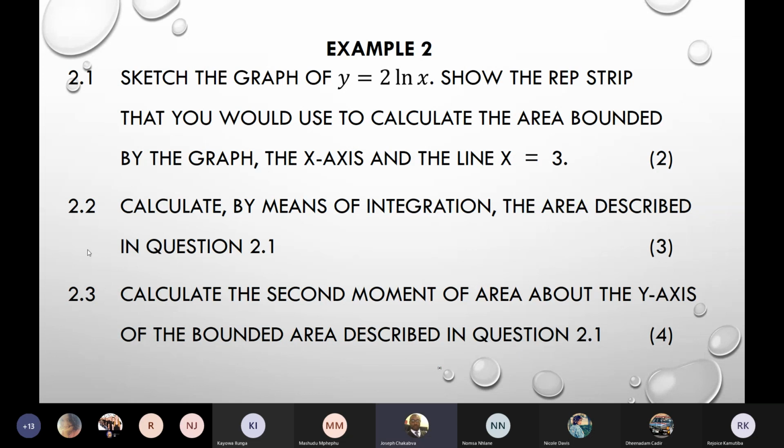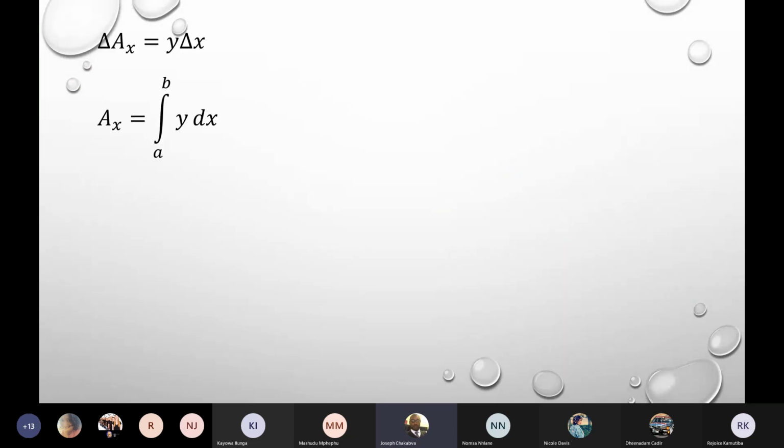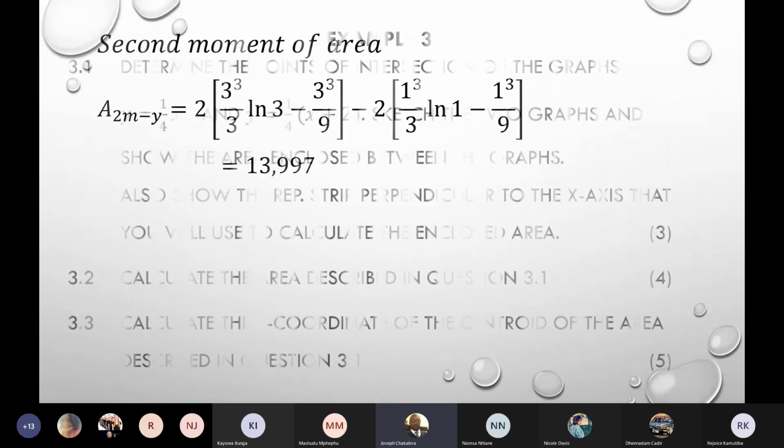Okay, I think 30 seconds is up. Let me rush to example number 3. I'm rushing through all the solutions, so you're not supposed to see all this.